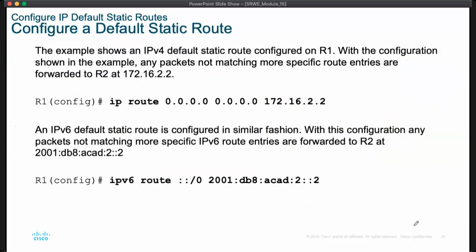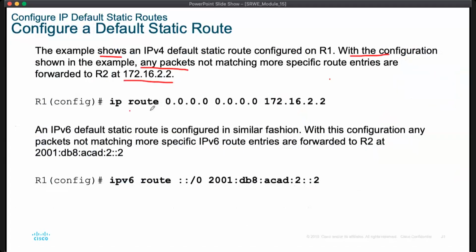Let's configure a default static route. The example shows an IPv4 default static route configured on R1. With the configuration shown in the example, any packet not matching more specific route entries is forwarded to R2 at 172.16.2.2.